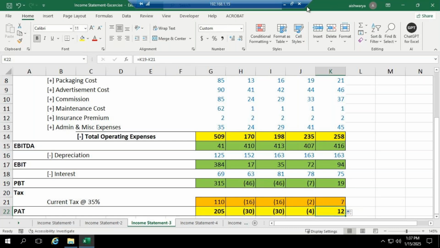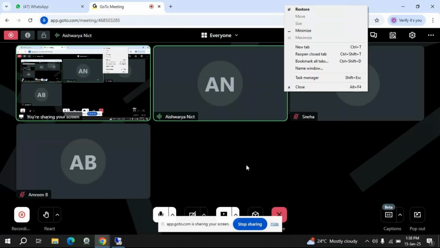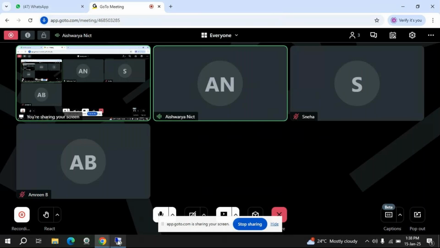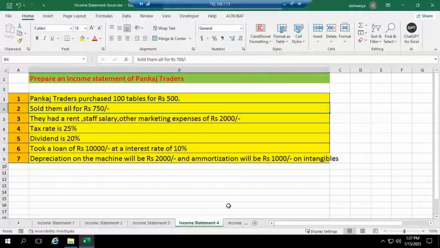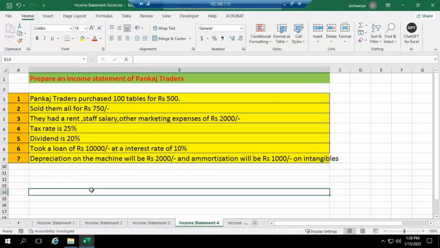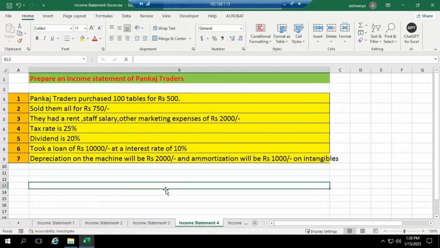So shall we move to the next one? That means the fourth one, income statement 4. Shall we do this? Yes, ma'am.